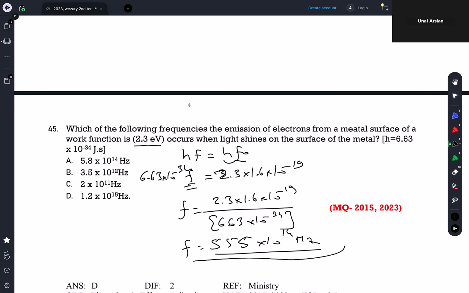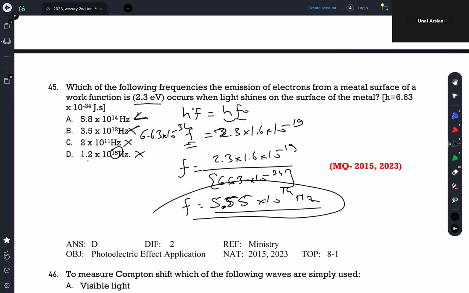So any frequency greater than this number, 5.55, sorry, will cause electron ejection. Greater, it will cause. Less, it will not cause. Pardon, 5.1 times 10 to the 14, it is less, it will not cause. 1.2 times 10 to the power of 15, it is greater, it will cause.